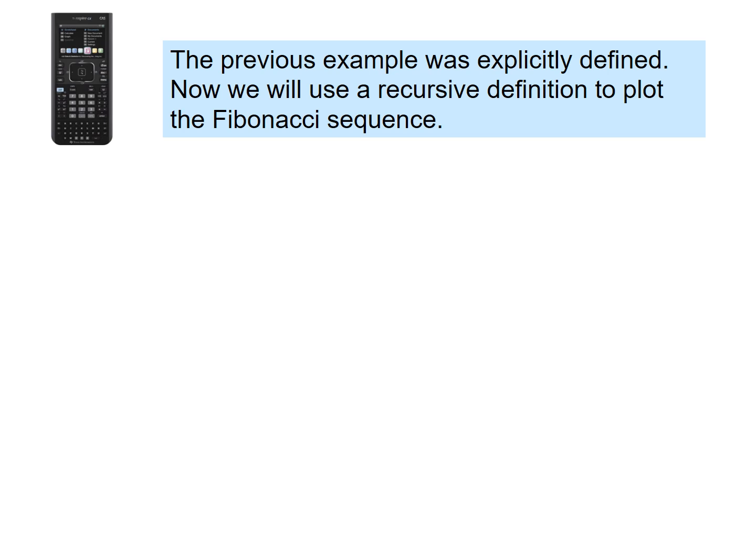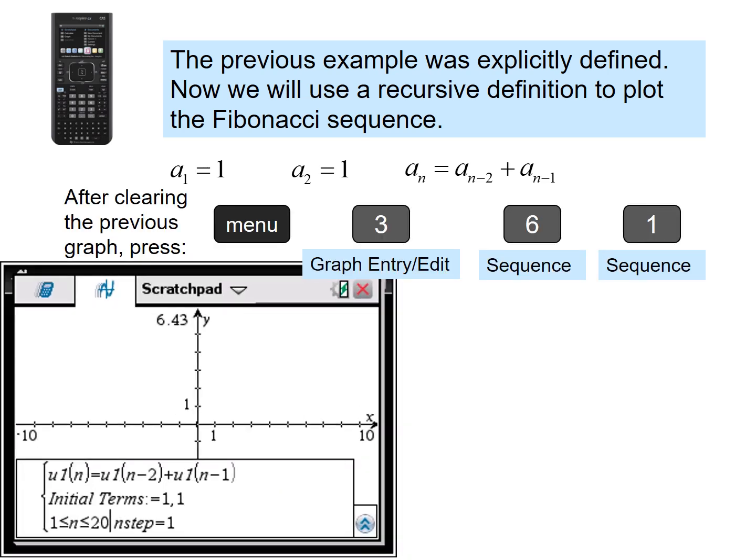So we had on the previous one an explicit sequence. Now we're going to look at a recursive sequence, and our calculator can graph recursive sequences as well. So we know the first term, we know the second term. We're looking at the Fibonacci sequence, which is the sum of the previous two terms. And so we can type it in just like this right here. So we're referencing back to u sub 1.